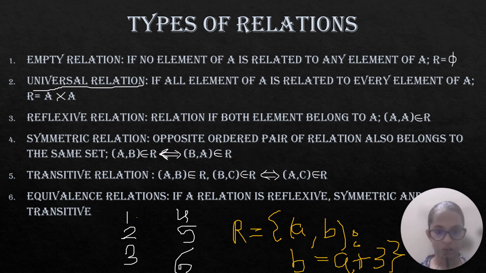Now, as we can see, 1 relates to 4, 2 relates to 5, and 3 relates to 6. So this is a universal relation where all elements are related to the elements of the other set or to the same set.